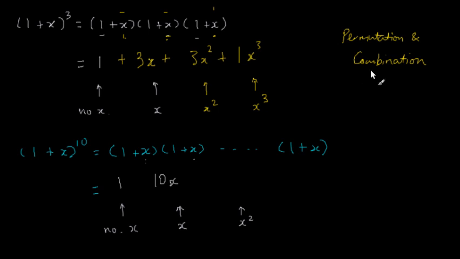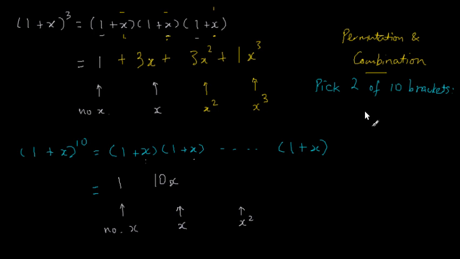The problem is called a combination problem, and the formula is given by this. Let me write this out. The problem here is that I have to pick 2 of the 10 brackets. That's what I have to do.